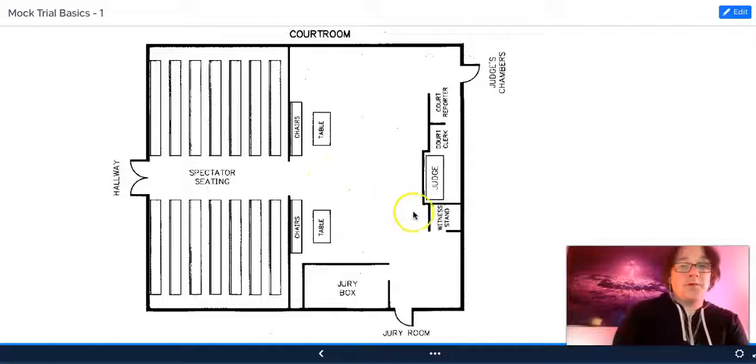You could only approach the witness if you ask the judge, and if the judge gives you permission to do so. Otherwise, you do not go inside this well. It's like sacred judge space there.